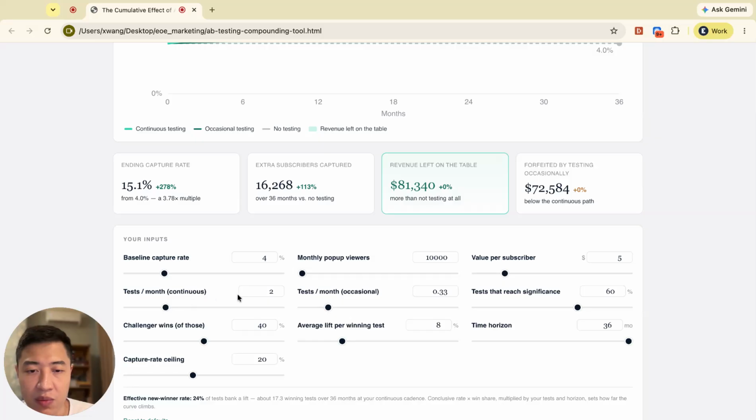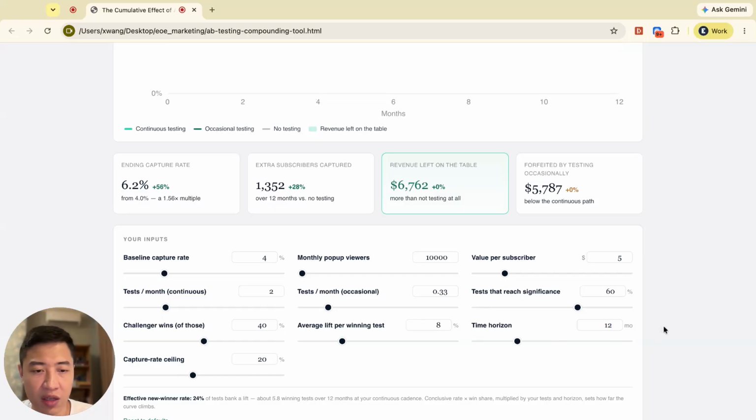Continuous test twice per month compared to like once every 3 months or once a quarter or so. Tests that reach significance only about 60%, and winner challenger winning those 60% of tests that reach significance only about 40%. Average lift per winning test about 8%. Looking at, let's just do a 12-month horizon here, and capping the capture rate at 20%.